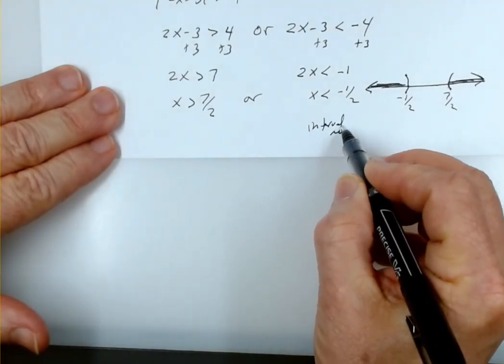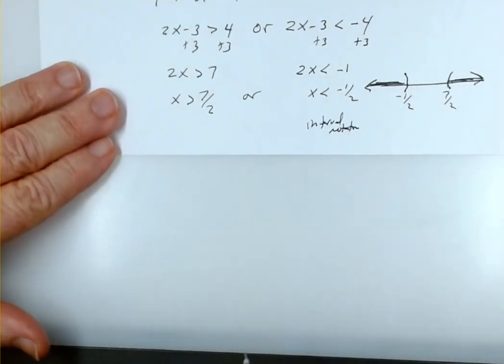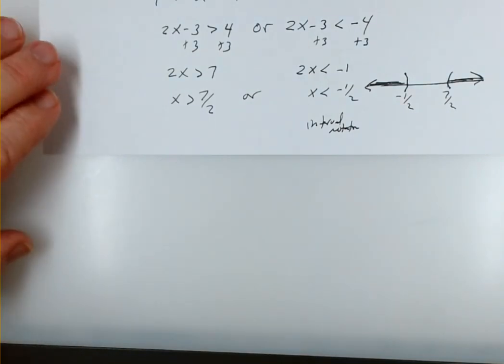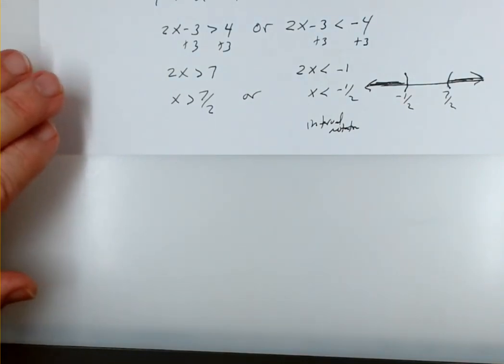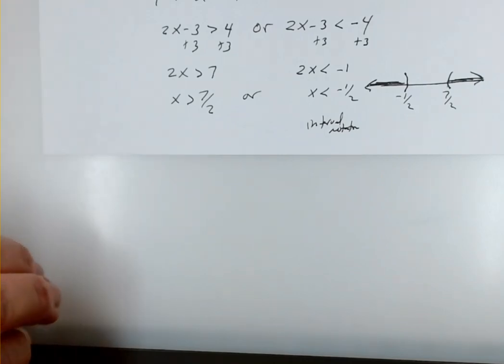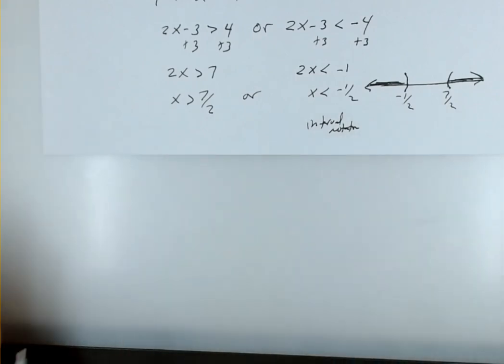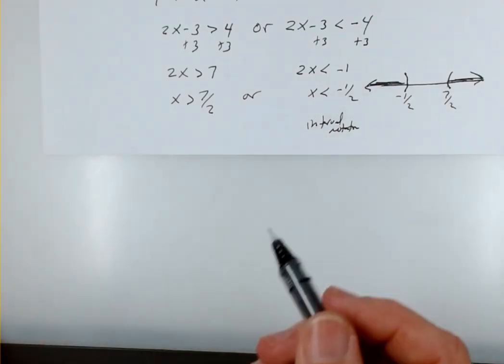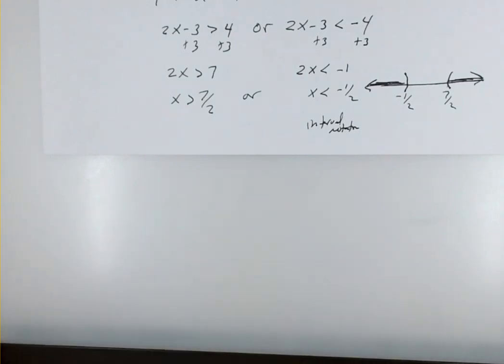Another question: the parentheses mean that it's an actual number or a real number? No, the parentheses only imply that in this case, negative 1/2 is not a solution. If this was a bracket, negative 1/2 would be a solution. Going from left to right, what's the solution?